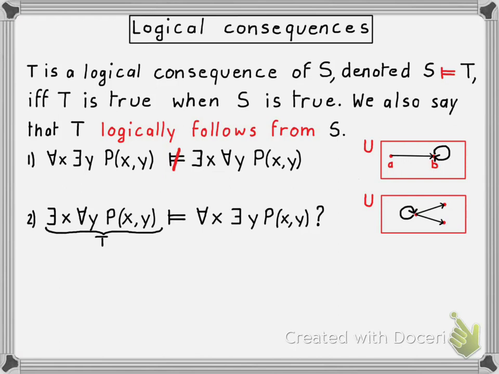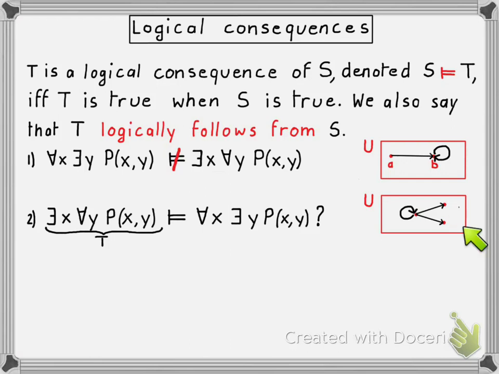Now, let's check the truth value of this proposition under this example. What it says is, for every element in the universe, it must have an arrow going out of it connecting it to some element y. Well, that's not true because, for example, this element right here does not have an arrow going out of it.